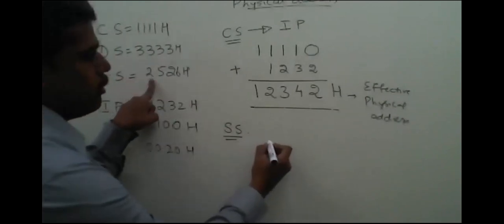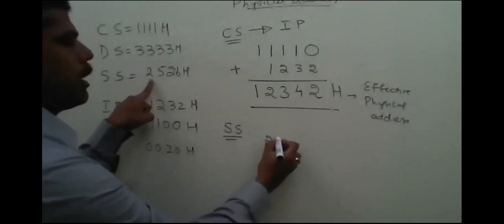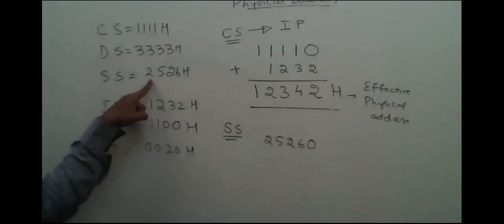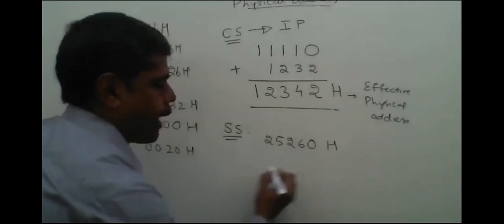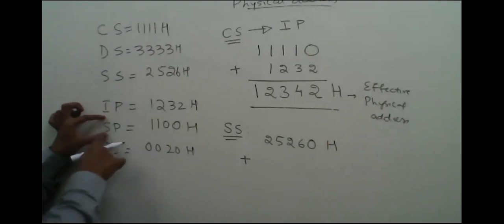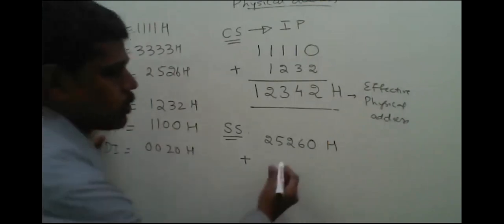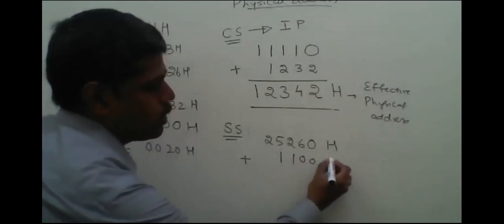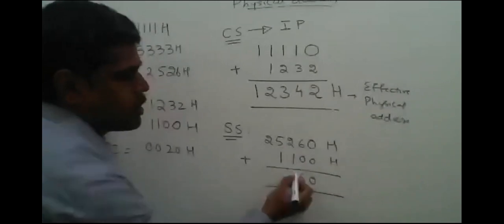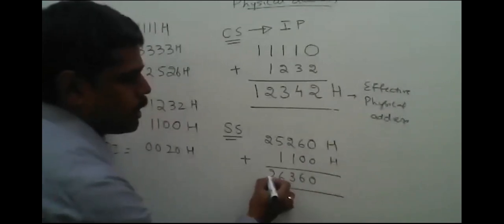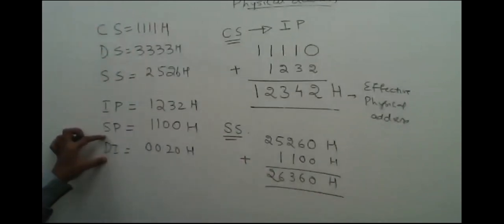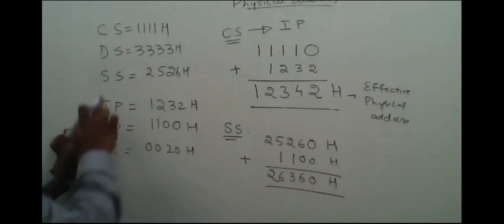Convert this into 20-bit by appending 4 bits, in hexadecimal, and you add the corresponding offset register. The offset register over here is 1100. Add that 1100 to this, and we get an effective address of 26360H.